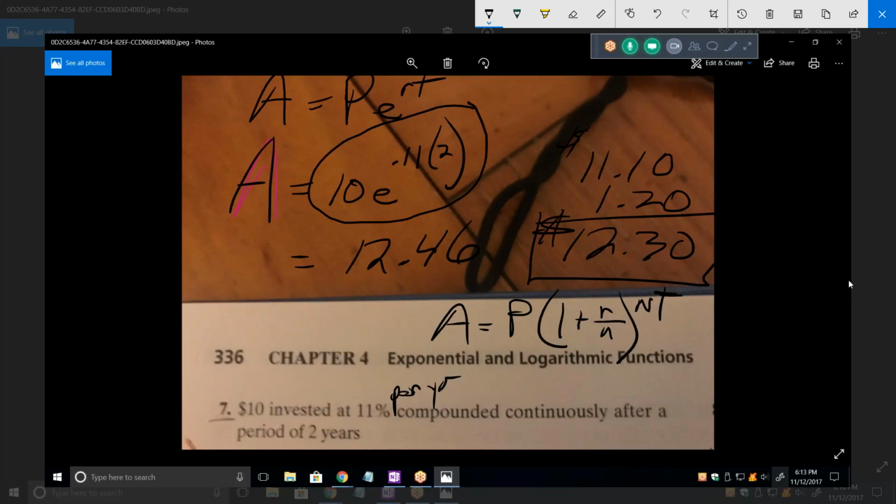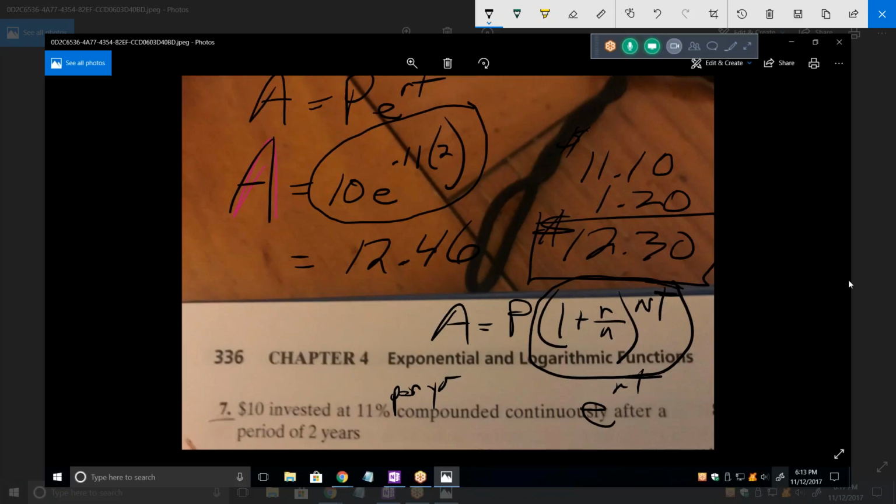It is when n is infinity. Well, guess what happens to that? As n goes to infinity, it turns into e to the RT, based on the definition of e.